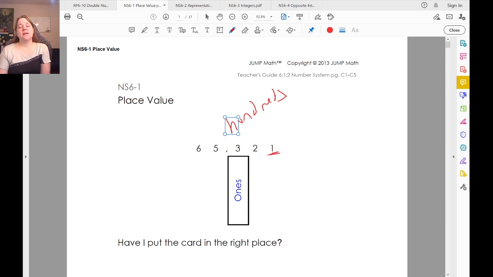And an easy way that I like to think about this is if I ask you for $1, you would put 1, and that 1 is in the ones place. If I ask you for $10, you would put a 1 in the tens place. If I ask you for $100, you would put a 1 in the hundreds place. If I ask you for $1,000, you would put a 1 in the thousands place.